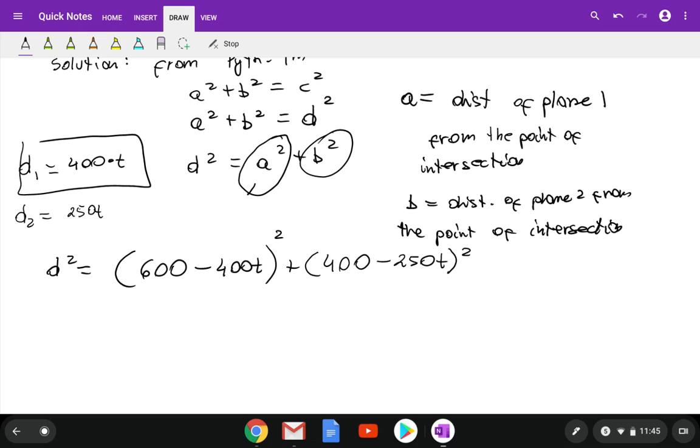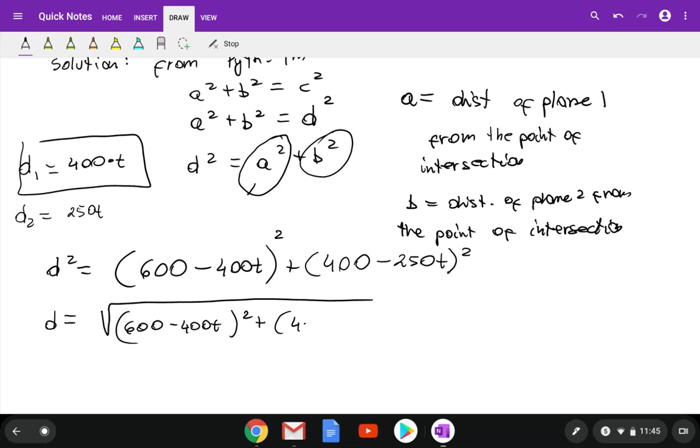Okay, so this is the formula, and of course, to get d by itself, you just need to take the square root. So we have d equals the square root of (600 minus 400t) to a second power plus (400 minus 250t) to a second power.